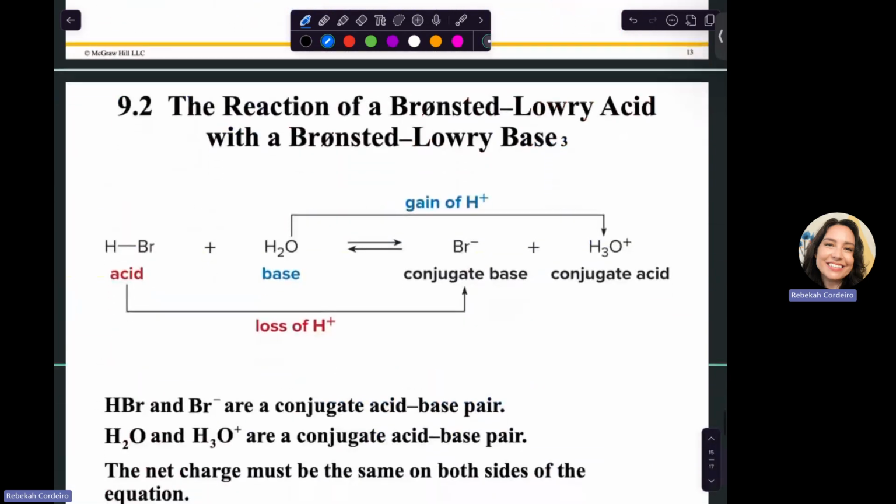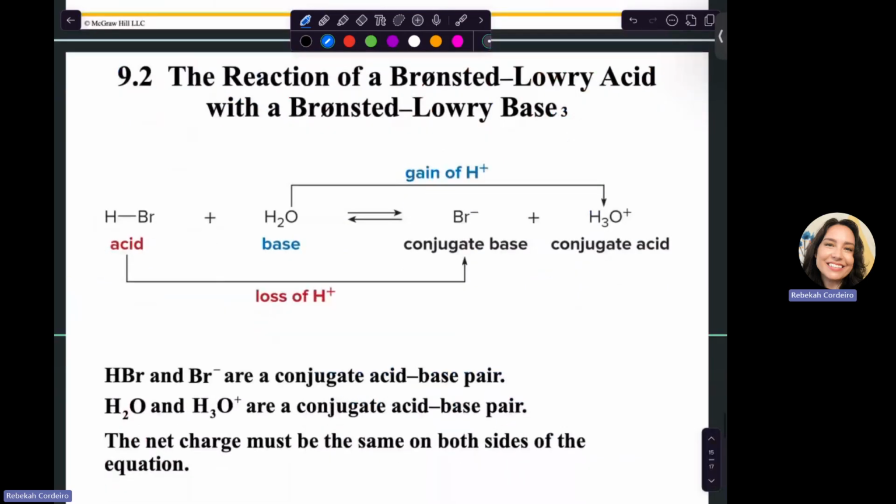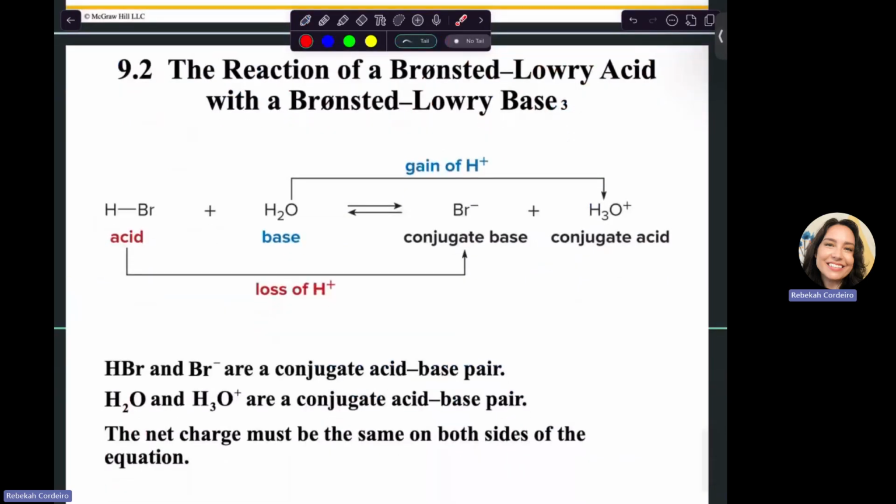We'll do more practice with this, of course, in class. So the acid has HBr. If we get rid of H plus, we make Br minus. That's the conjugate base of the acid HBr. If we have a base of water and its job is to accept, we're going to add H plus. So if it starts with H2O, it'll turn to H3O and it's going to add a plus. So H3O plus, or hydronium, is the conjugate acid for water.